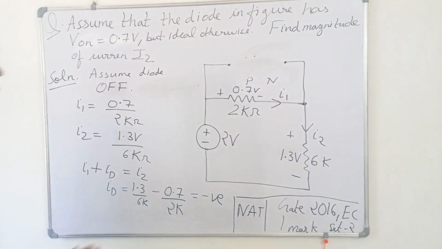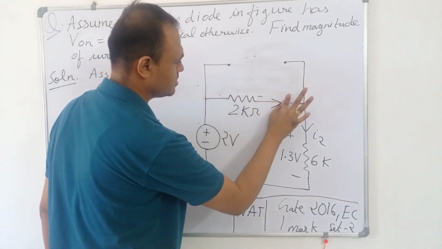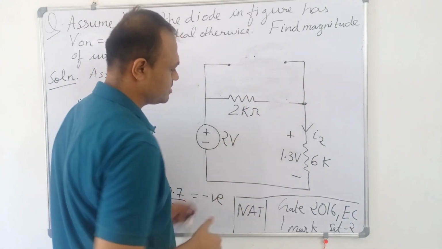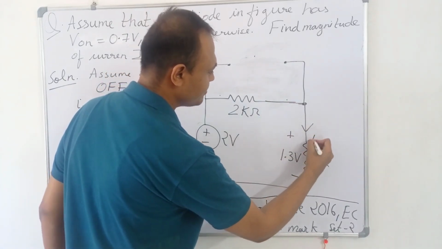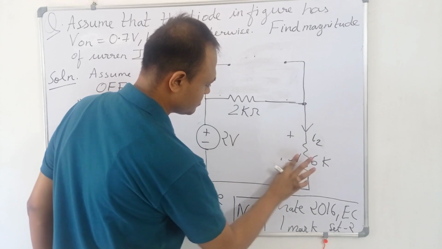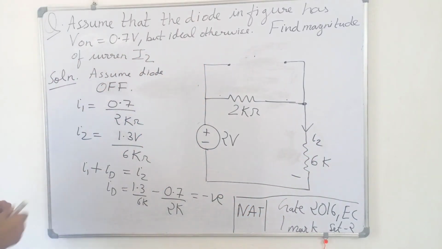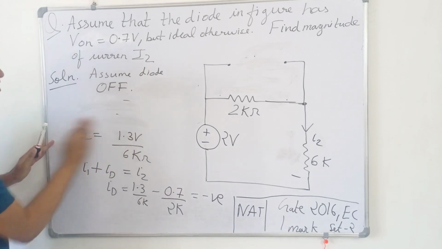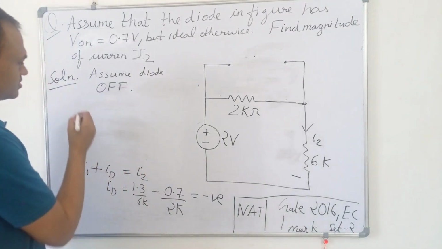So now we have this I2, and we can remove all this. We will find I2.